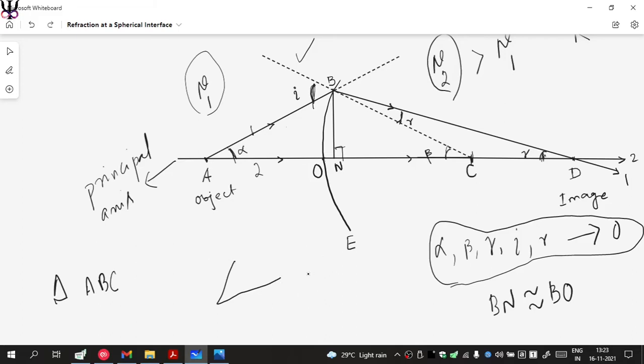Okay, this angle is I, this angle is alpha, and this angle is beta. So in this triangle ABC, I is the exterior angle, and by definition angle I is equal to alpha plus beta. That's a basic geometrical deduction.